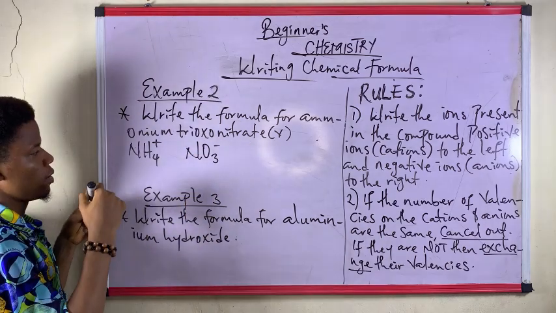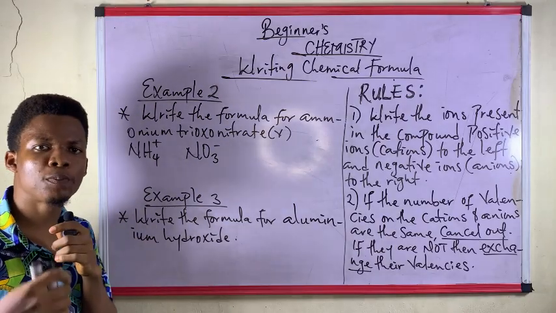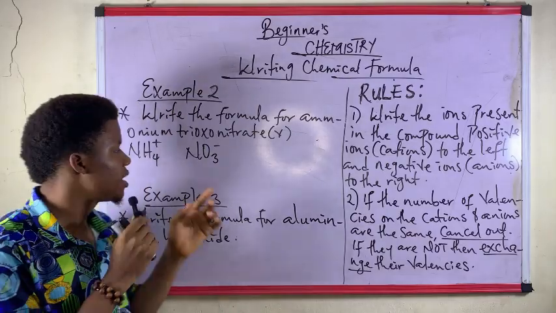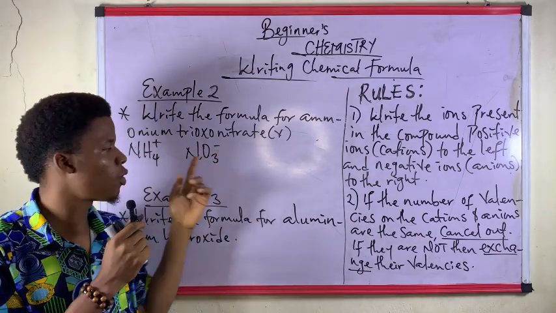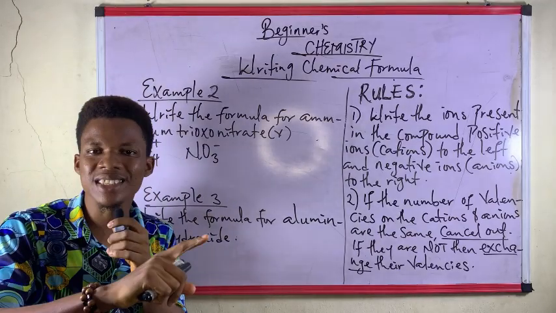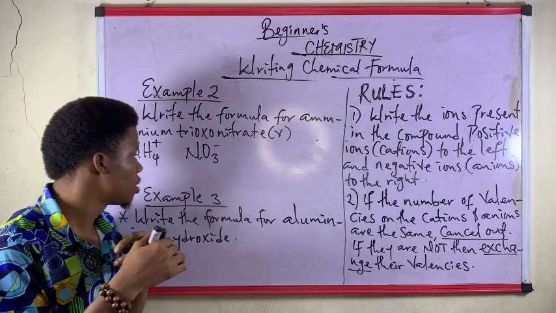Now, like I told you, we are not looking at which is positive or which is negative. We are not talking about if the 2 is positive or 1 is positive, 1 is negative, or if both of them are negative. No, what we are looking at is the number, not the sign. Take note. All right.